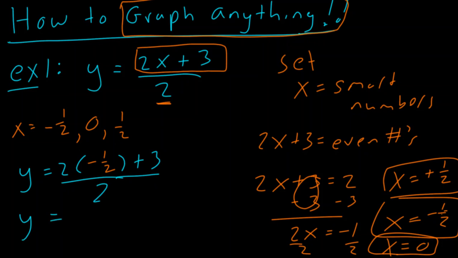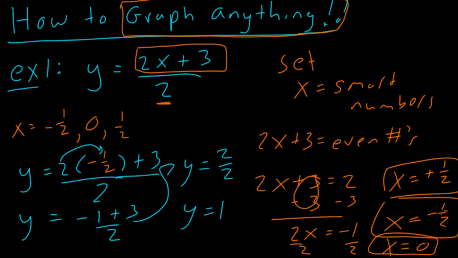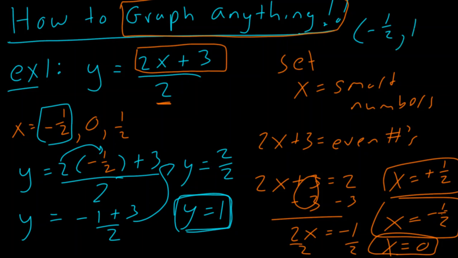If I do this, 2 times negative 1/2 is negative 1, plus 3, all divided by 2, which becomes y is equal to negative 1 plus 3 is positive 2, divided by 2, and y equals 1. What this does is it gives us our very first point. When x is equal to negative 1/2, y is equal to 1. So let me write that up here: negative 1/2, comma, 1. There's our very first point.